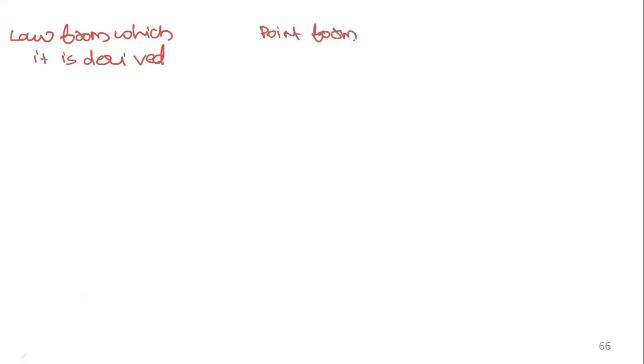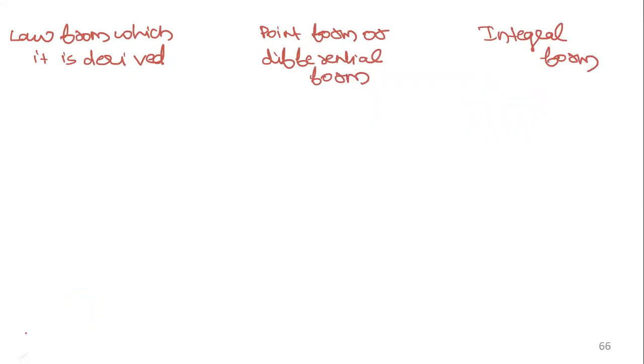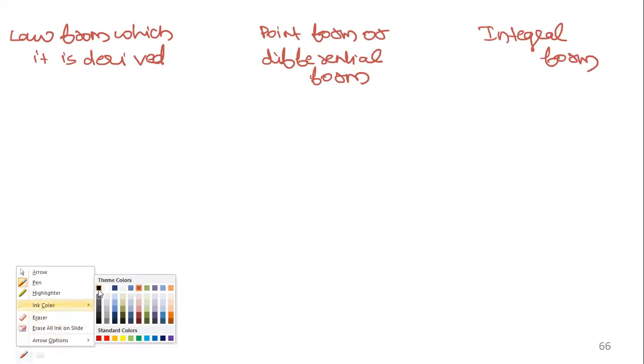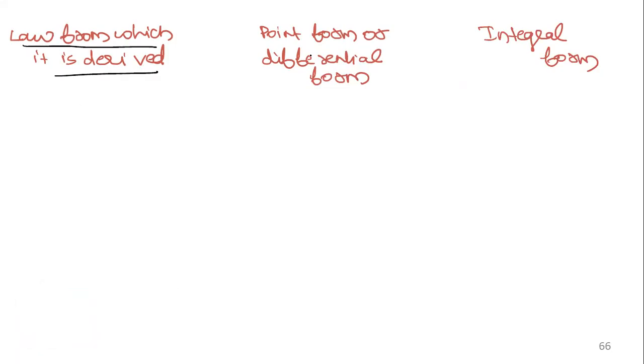So the headings are: law from which it is derived, then point form or differential form, and then the integral form. And we will see that one by one now.